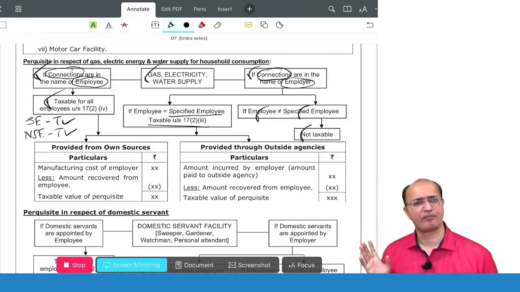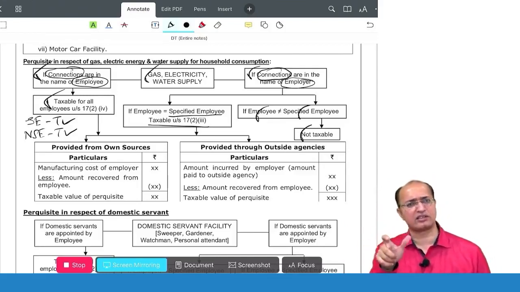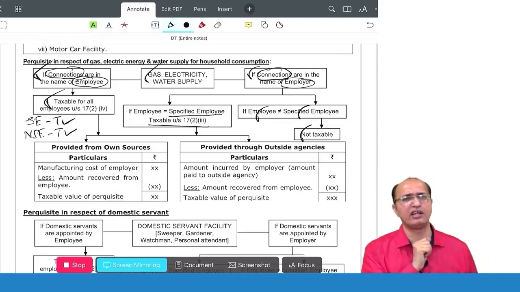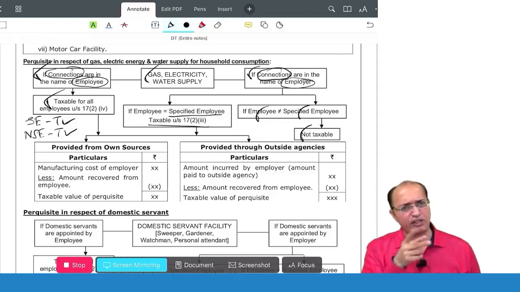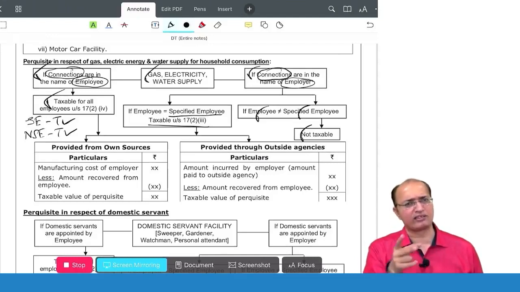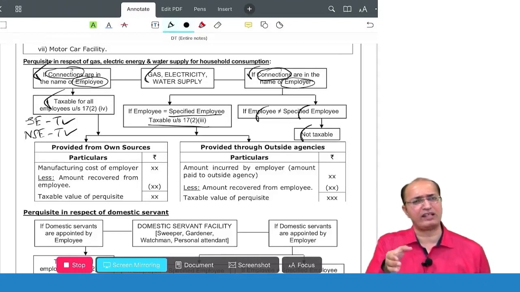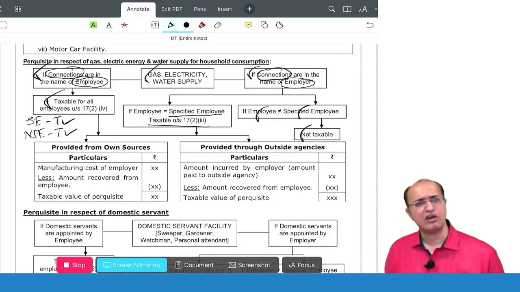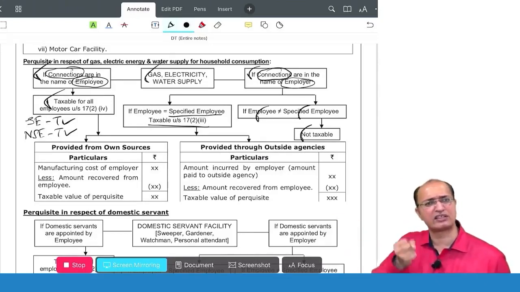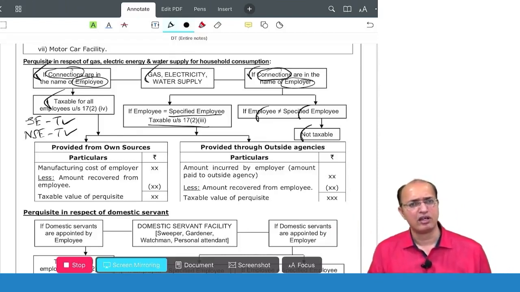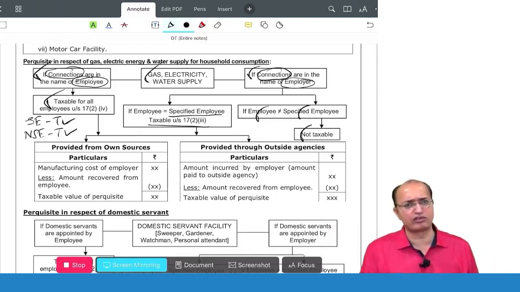In that connection, who will supply the electricity? Tamil Nadu Electricity Board. Will they supply the electricity from their own source, or will they purchase it from someone and give it to you? Definitely they will supply from their own source because they themselves are generating electricity.